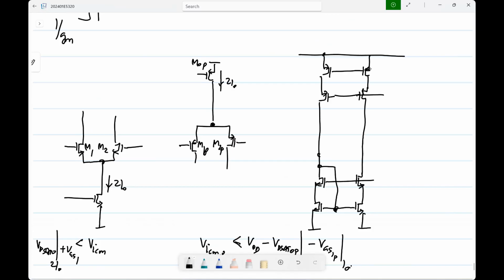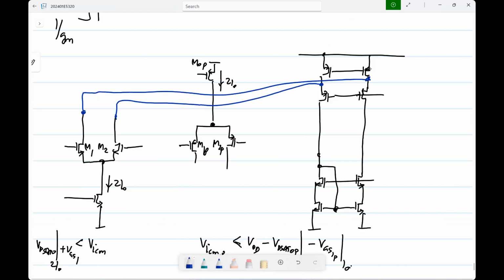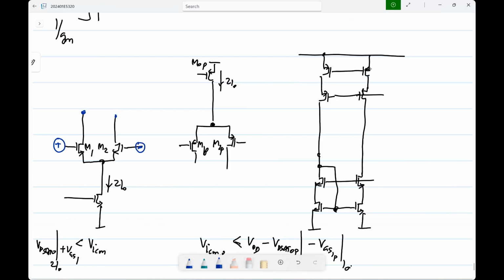Okay, and then you can connect the other way around to get the right polarity.